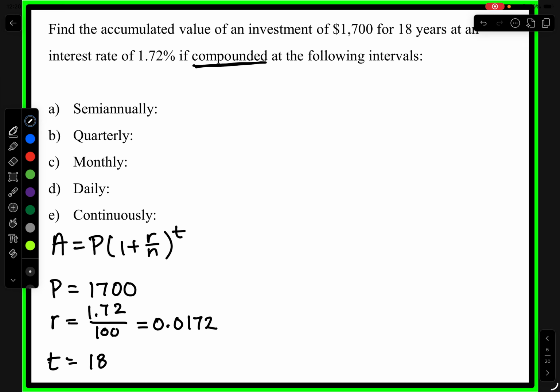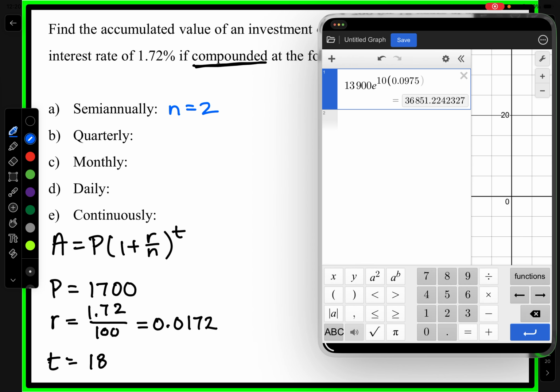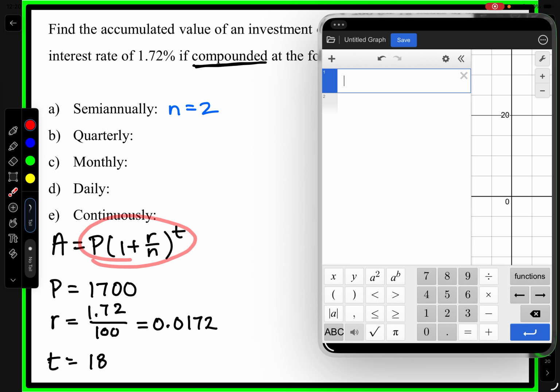So on each one of them, we're going to have a different value for N. Semi-annually means that the value of N is going to be the number 2. Since I'm going to use the same numbers for P, R, and T, and just change the value of N, I'm going to write this formula in decimals and just create sliders to do that.